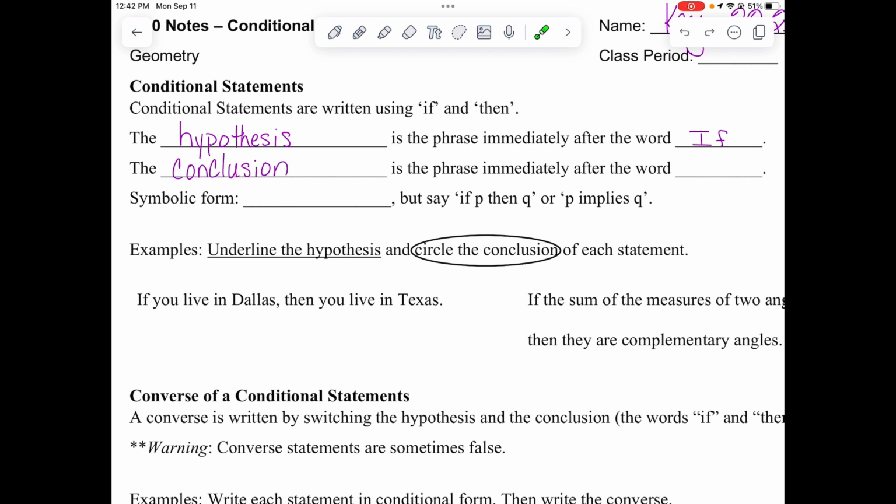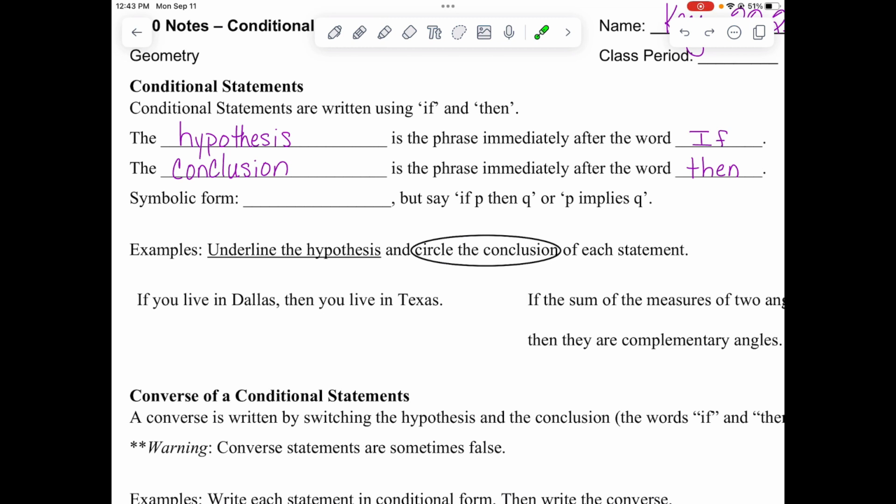That last part is called the conclusion. It comes after the word then. So in our example, break would be canceled is the conclusion. Notice the hypothesis is always the part that comes after the word if, and the conclusion is always the part that comes after the word then.